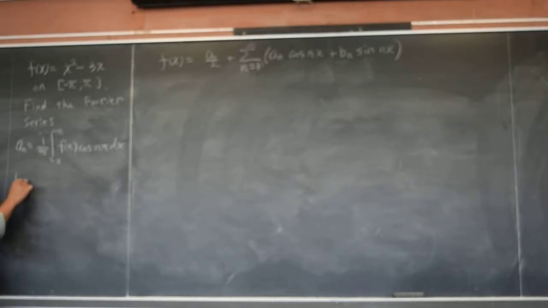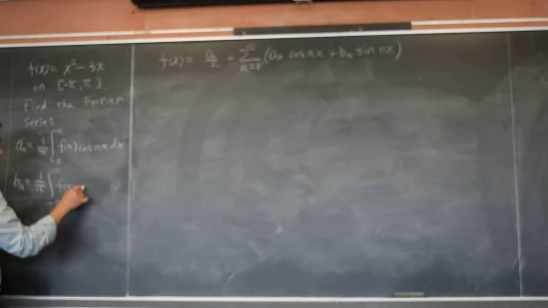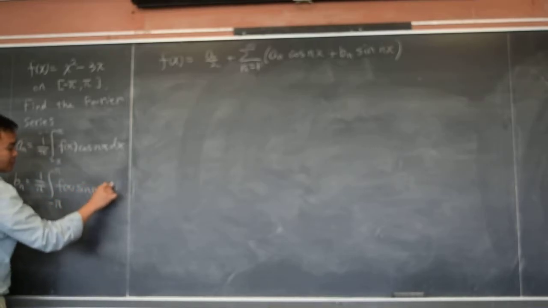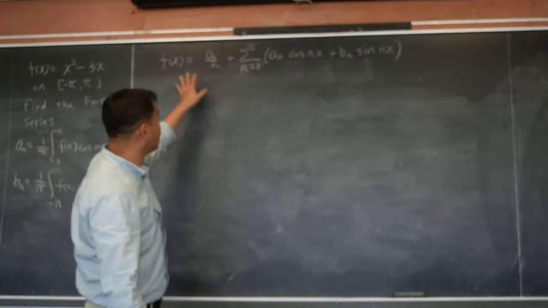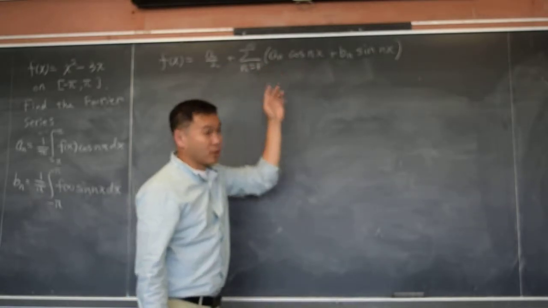And to get bn, you have to do the exact same thing, except because these are coefficients of sine nx, you have to integrate against sine nx dx. Okay, so these are the formulas for getting an and bn, and your final form of the answer should be in this form: a0 over 2, and then plus whatever you get should be there.